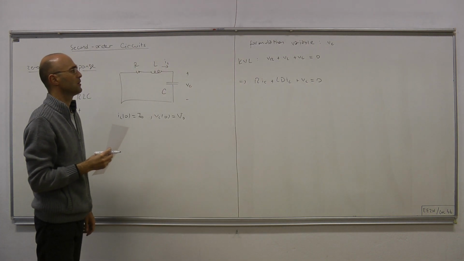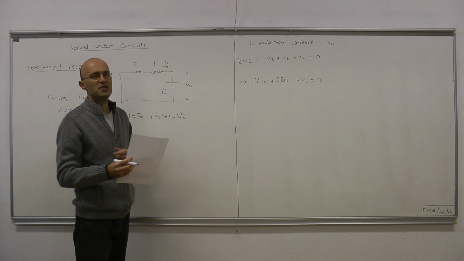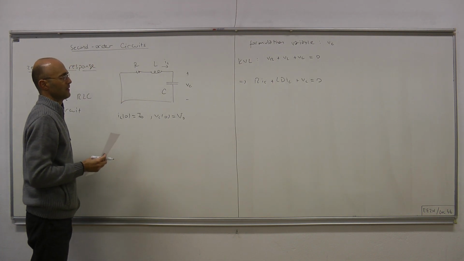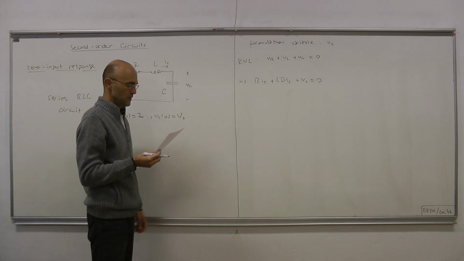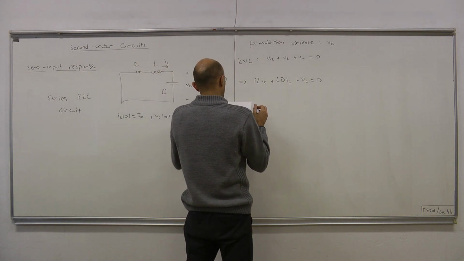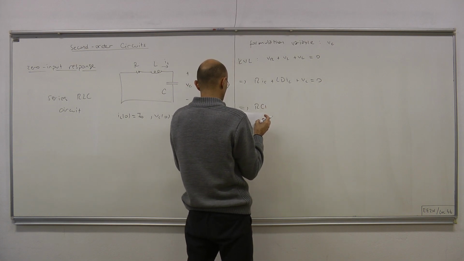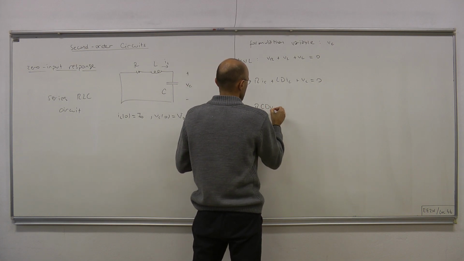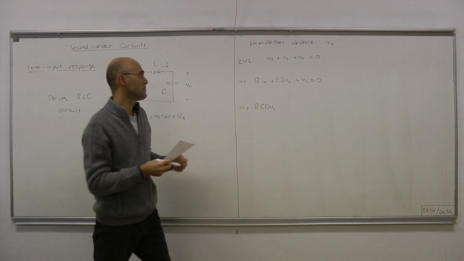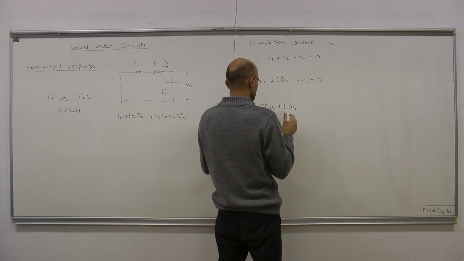Now by using the terminal equation of the capacitor, we can replace those ICs by an expression in terms of VC. That yields R C dVC, that's what IC is, plus L dIC.